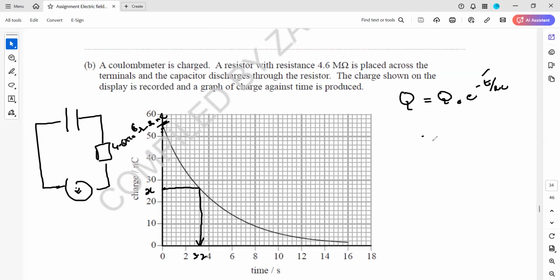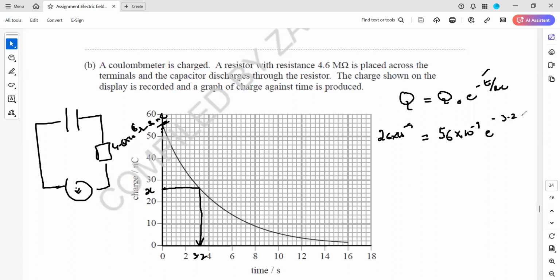So Q equals Q naught e raised to the power minus t over RC. The maximum was 56 nanocoulomb, so 56 times 10 to the power minus 9. The charge shown is 26 nanocoulomb. The time to discharge to this value is 3.2 seconds.